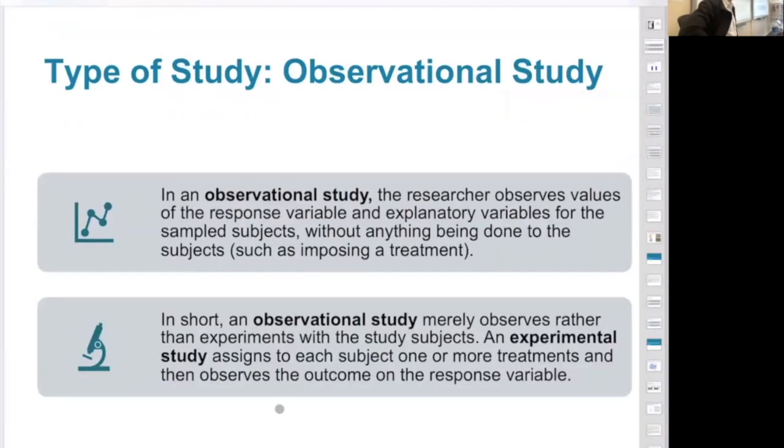The observational study. In this type of study, the researcher just observes what is going on. The researcher cannot assign the subjects to any condition, just observes what is going on and takes notes or measures based on the observation.